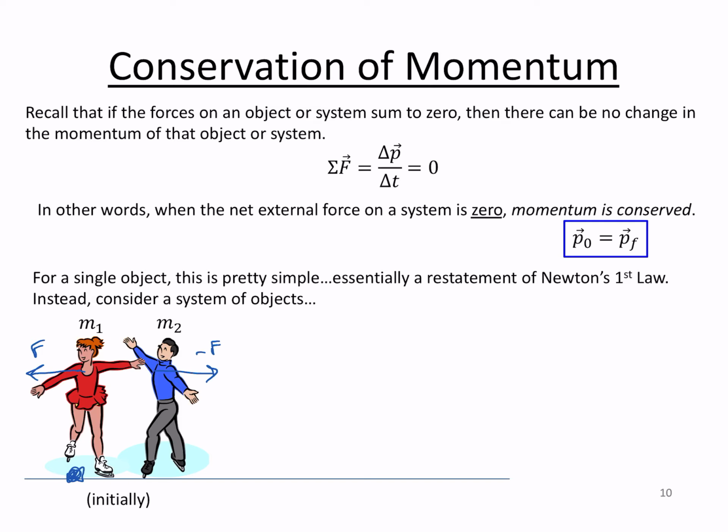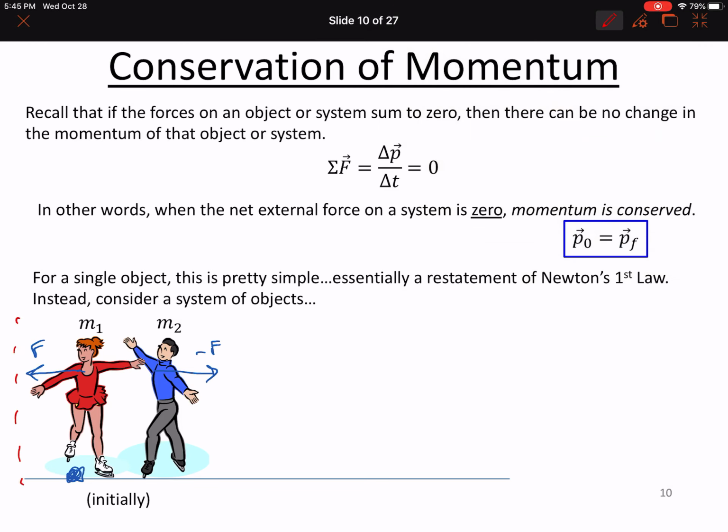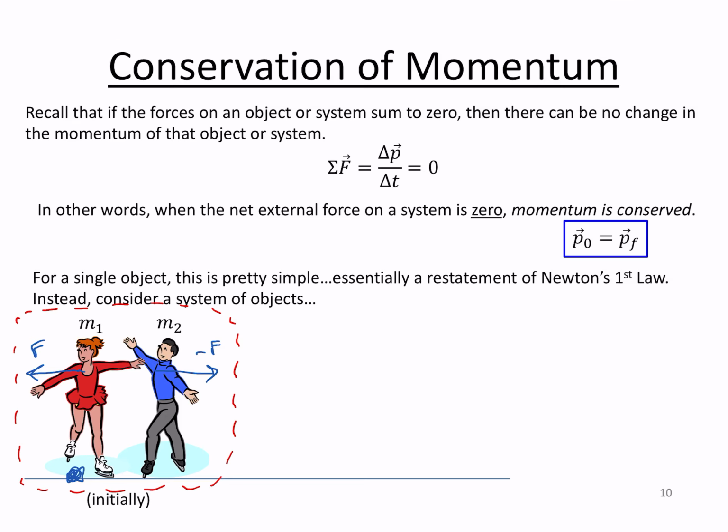However, if we consider them to be a system together, and we've done this before in the context of, like, I don't know, two blocks stacked on one another, or a car towing a truck, or something along those lines, right? We've had a couple of examples where we used a clever selection of the system of objects to simplify our calculations when we were doing force sums.